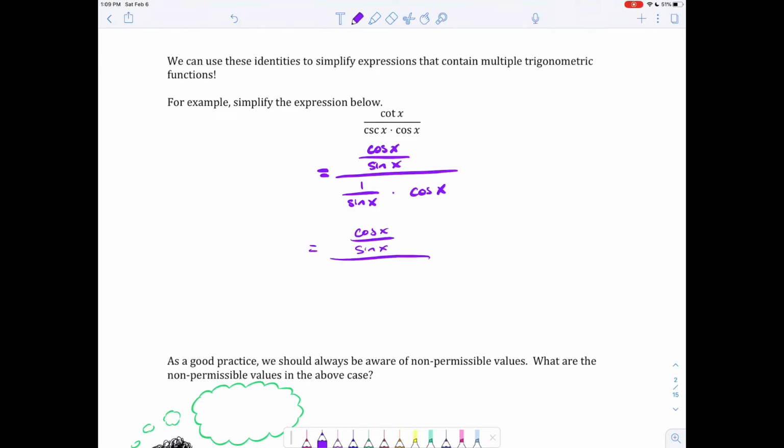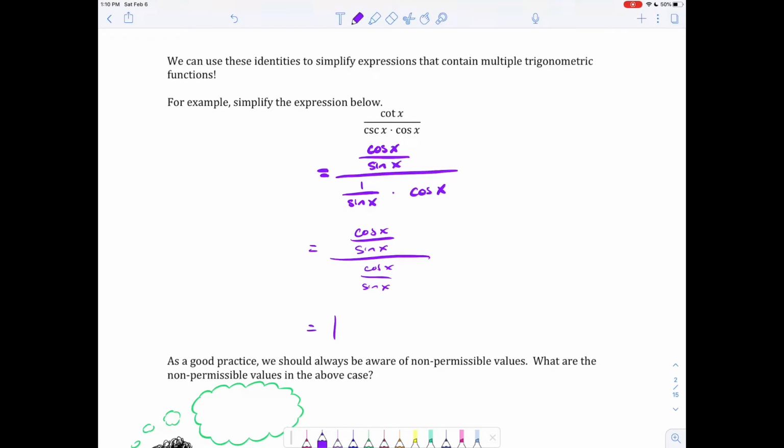On the bottom, I've got 1 over sine x times cos x, which means I have cos x over sine x. And now I've got something divided by that same thing. So this is actually equal to 1. What a world! This super interesting expression is actually just equal to straight up 1. Didn't see that coming. That's just math's little mysteries. And there it is.